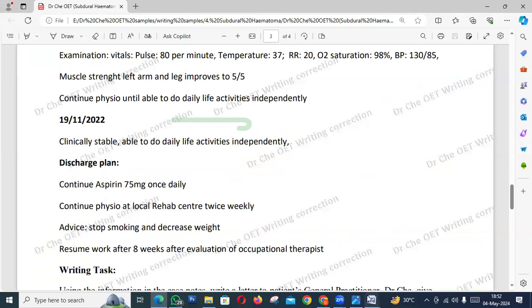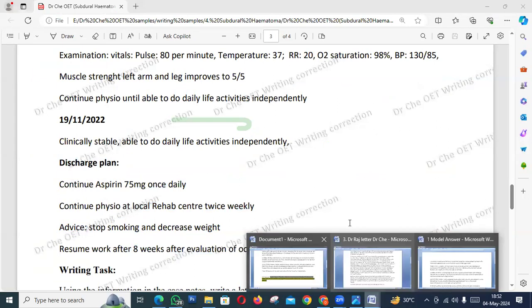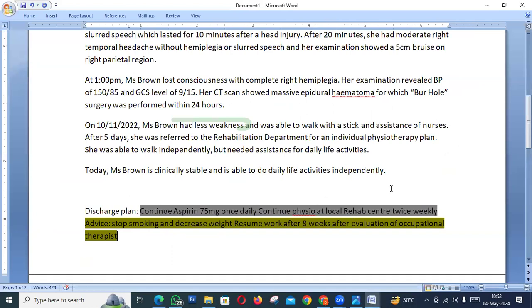Okay. This is a big issue because when you are in the real exam, you don't even have time to think and do these things. Do it now, practice it now, because in the real exam you should be well prepared and you should do these things very quickly. Even in my exam, in the last 5 minutes, I had almost 1 or 2 paragraphs to write in just 5 minutes.